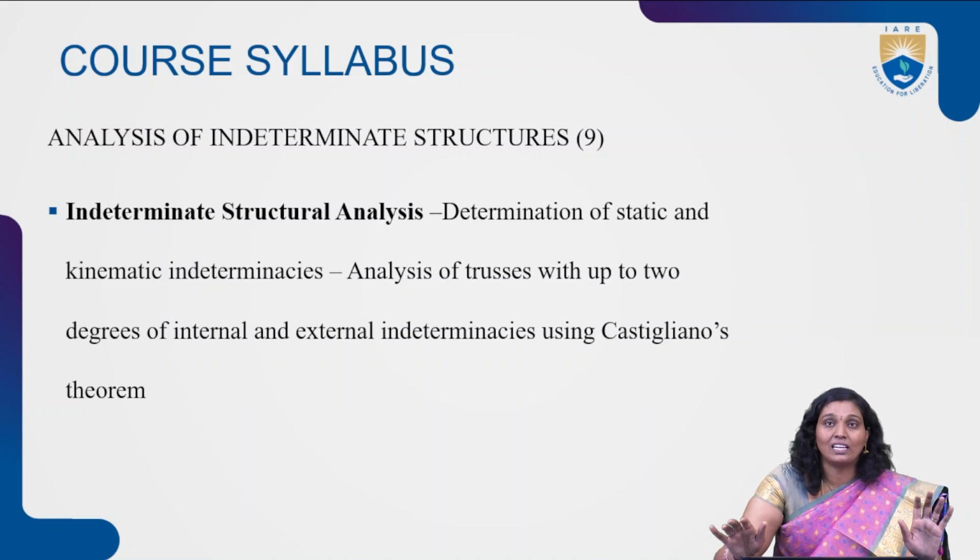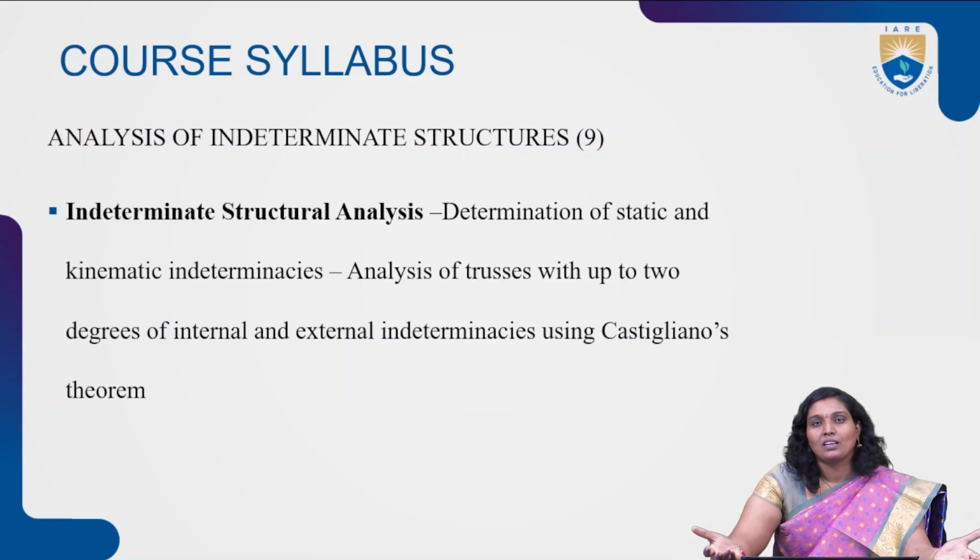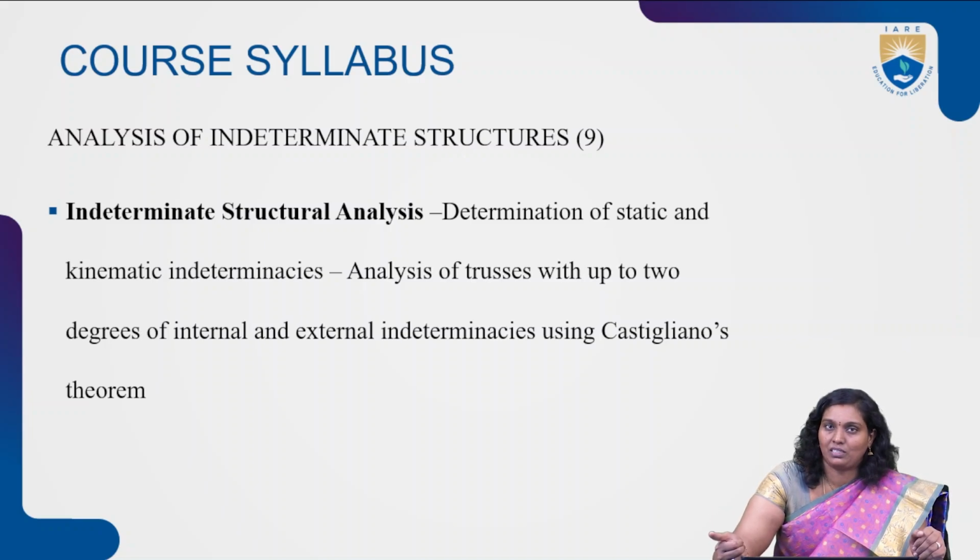Now in this, we are understanding structural analysis from various structural points of view, and how those structures are categorized based on their determinacy and indeterminacy. So what is meant by determinacy and what is meant by indeterminacy?